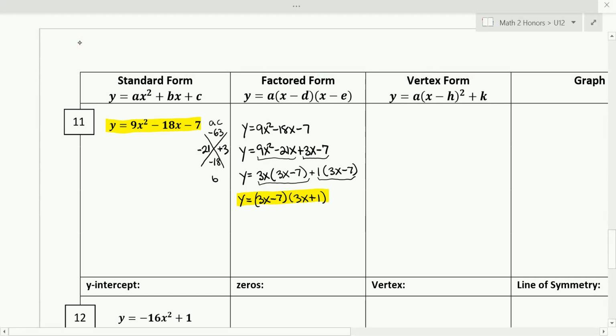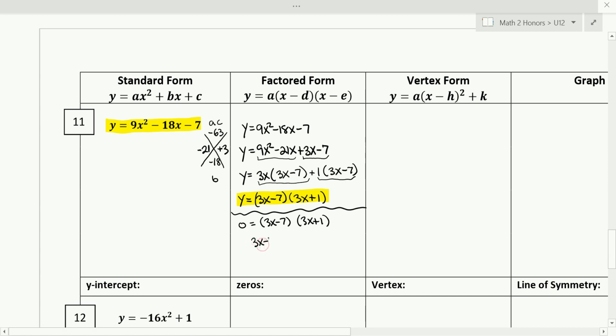Set y equal to 0. You're finding the zeros? What are we going to get for our zeros? Fractions, yay! Fractions are our friends, right?